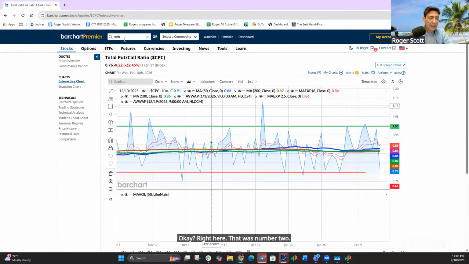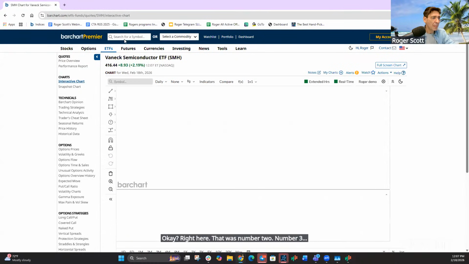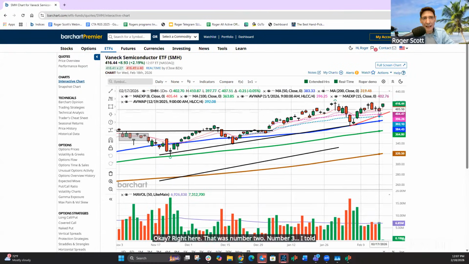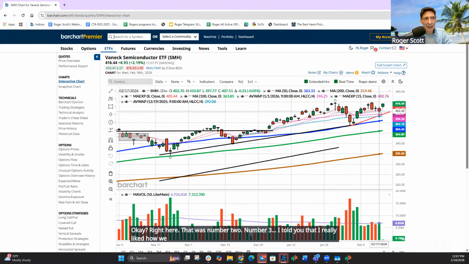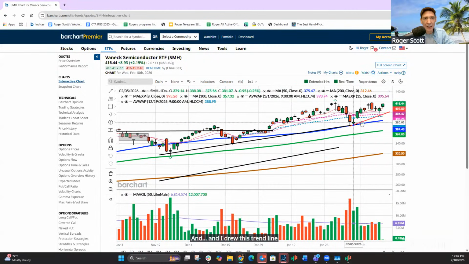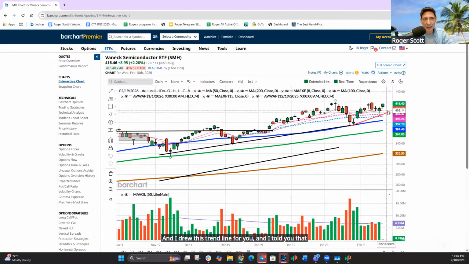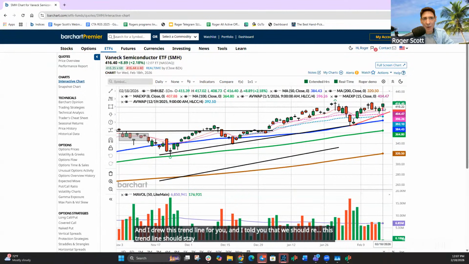Number 3, I told you that I really liked how we bottomed out on SMH at the 8 and the 15-day here. And I drew this trend line for you, and I told you that this trend line should stay, and that I like how we're opening up above the 8-day, which I told you this morning.